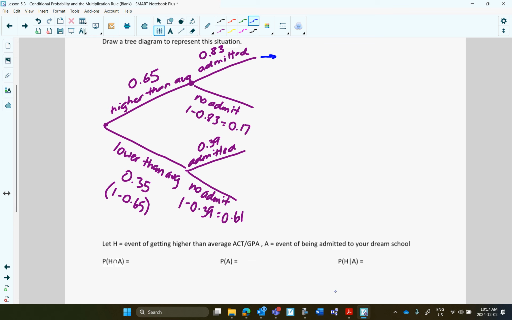So the probability that you are higher than average GPA or ACT and you're admitted is 0.65 times 0.83. So it's higher and admitted, because we multiply the 2 previous branches that led there.